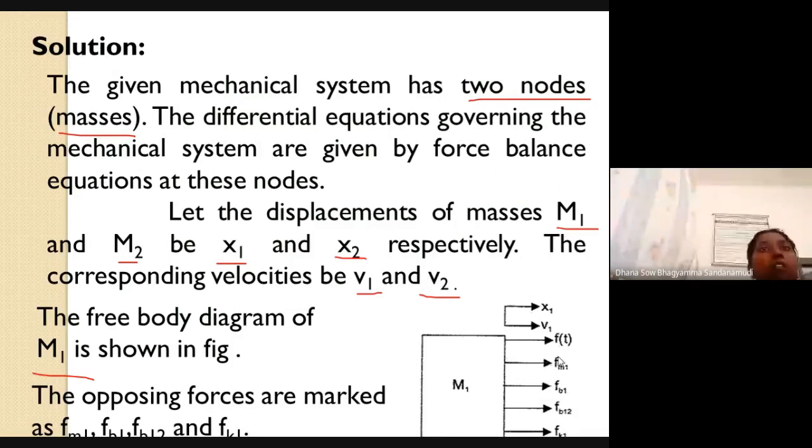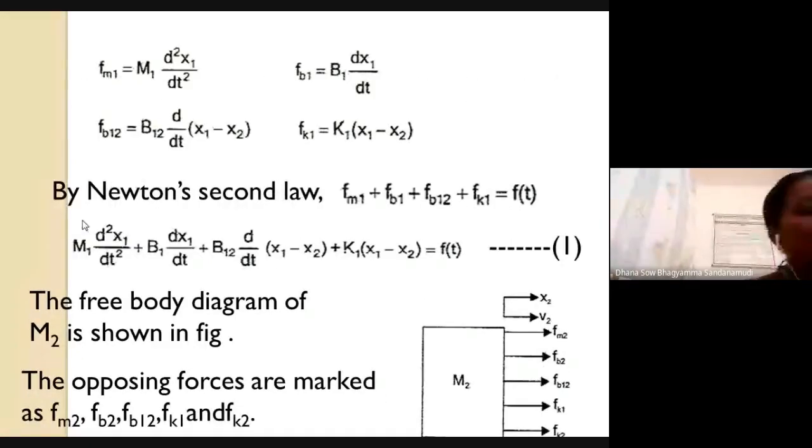Whatever I have written there, the same terms are here. What are the opposing forces? You just write it down. We have already discussed it. Force due to mass is proportional to the acceleration. Force due to friction is proportional to velocity. Force due to elasticity is proportional to the displacement.